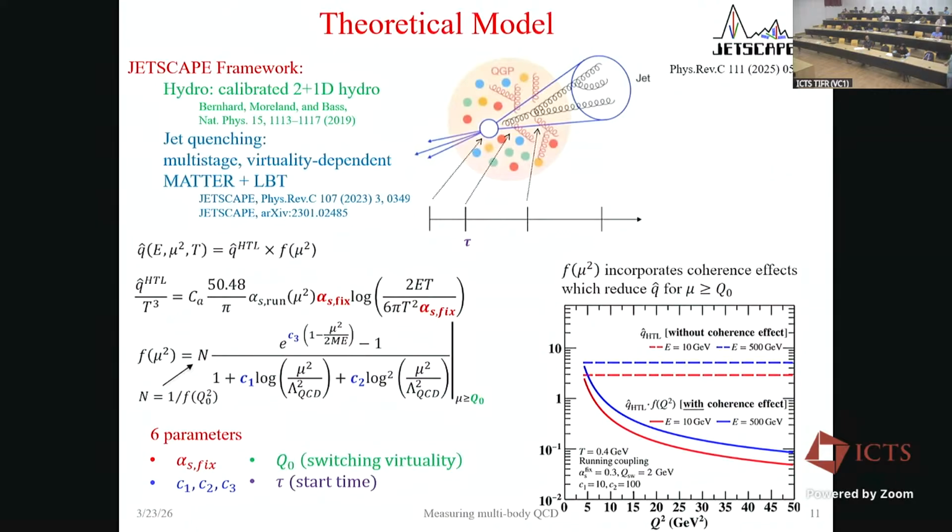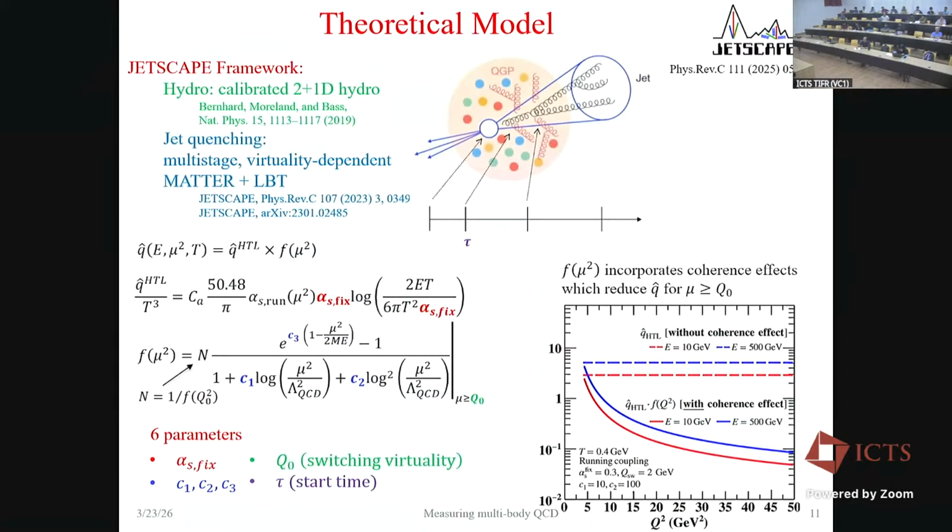It's a function of jet energy, jet virtuality, and local temperature. At every step one examines it, and so q hat is evolving as the plasma is evolving. This is a means of accounting for the virtuality dependence of jet interactions in the plasma. It's got some functional form.